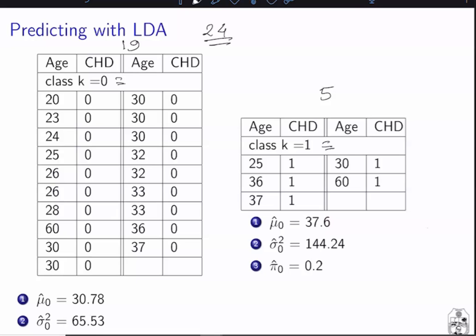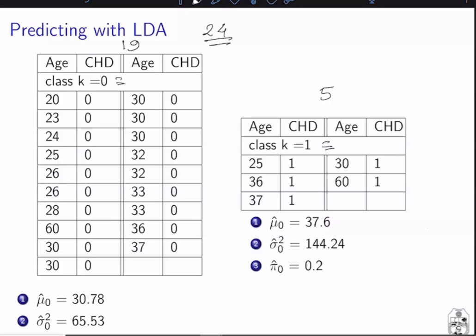Because it is a binary classification, I divided our data set into two classes. The 19 observations in class 0 are persons not suffering from coronary heart disease. The 5 observations in class 1 are persons who suffer from coronary heart disease.